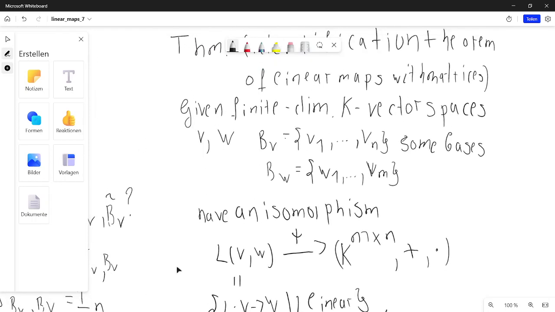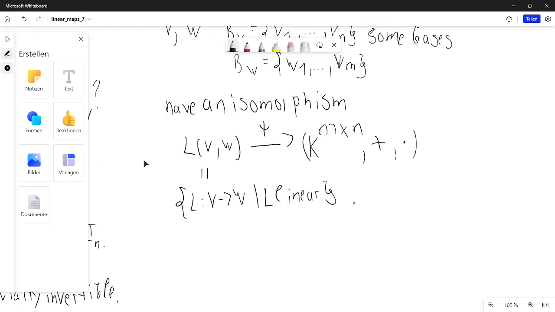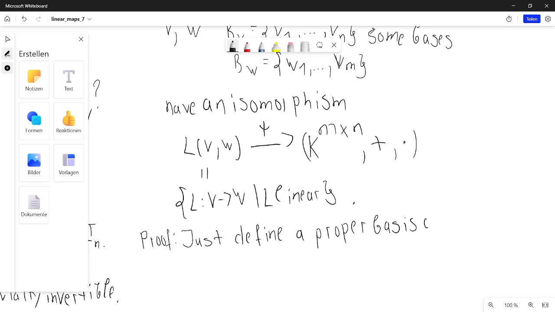And how do you do that? Well, very simply. Just define a proper basis of the space of V, W and map it via linear extension.